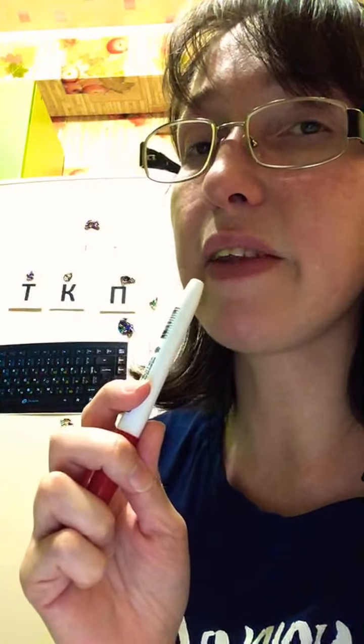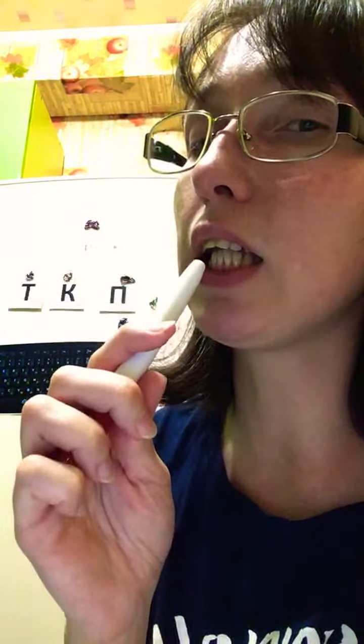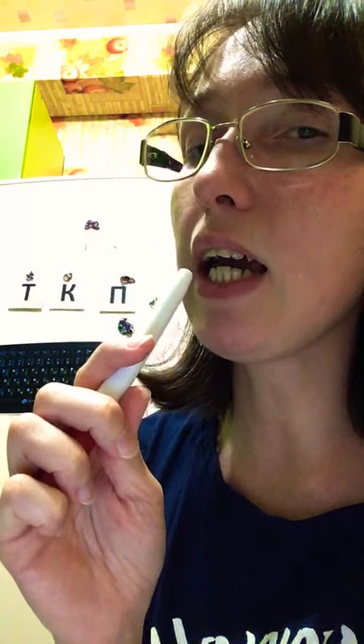So, if you can't pronounce the R sound, R is close to D. When we pronounce D and R, our tongue has the same position. Look, D, D, D. Right behind your upper teeth.